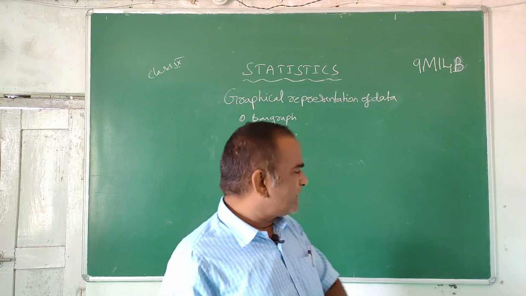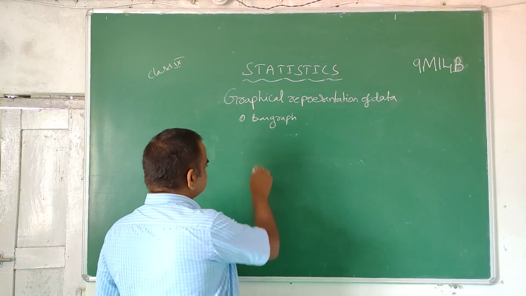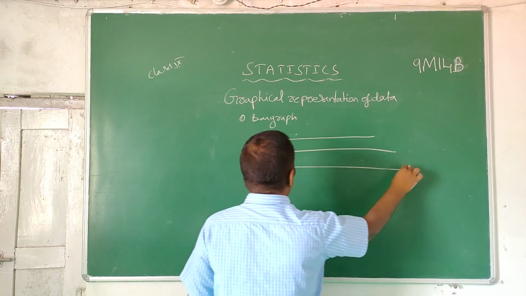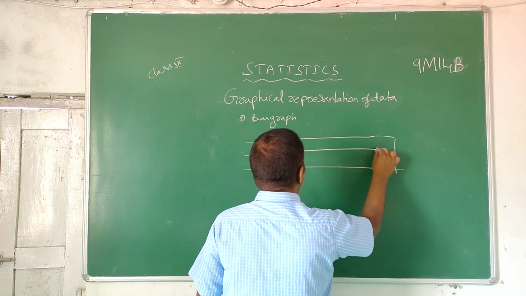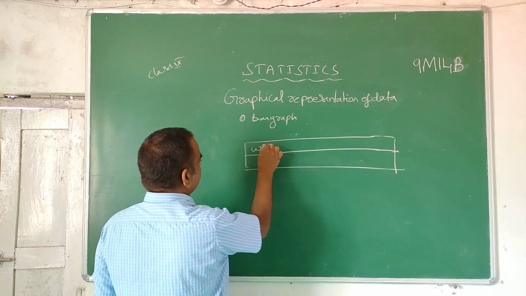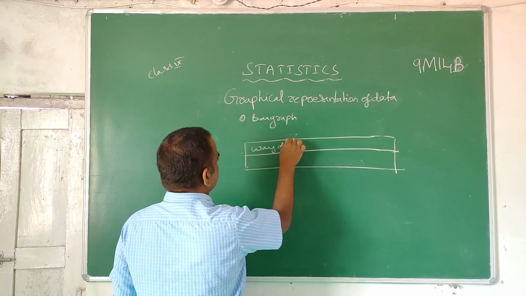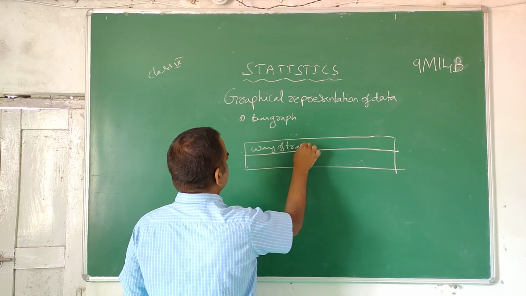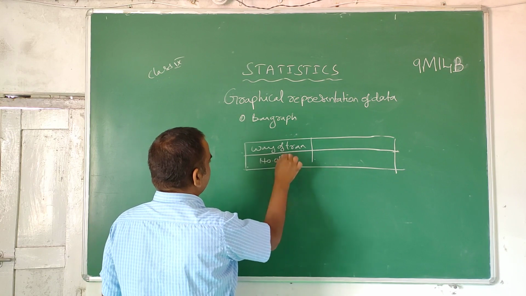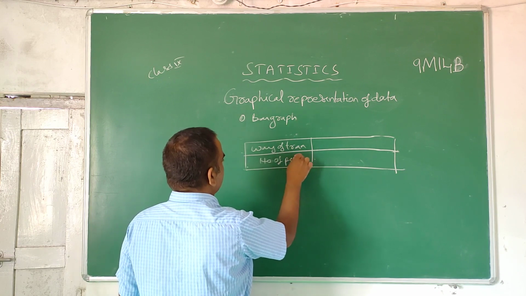It is most important. For example, I am giving an example for a bar graph: way of transportation and number of people using that transportation.